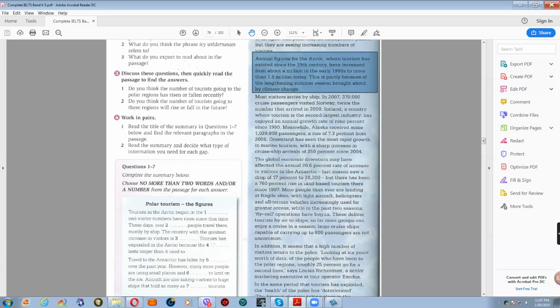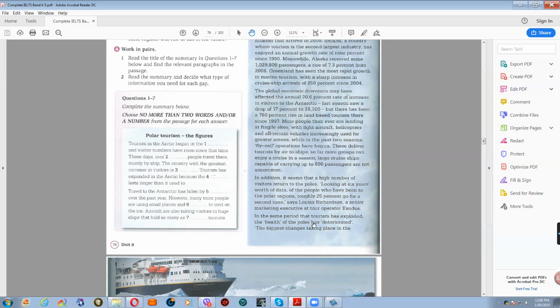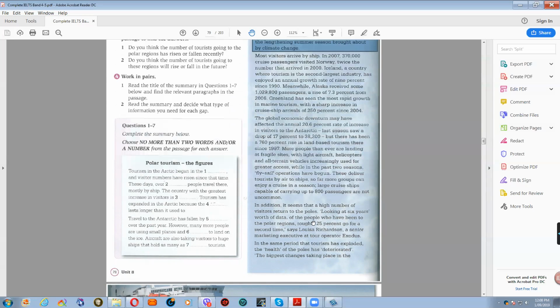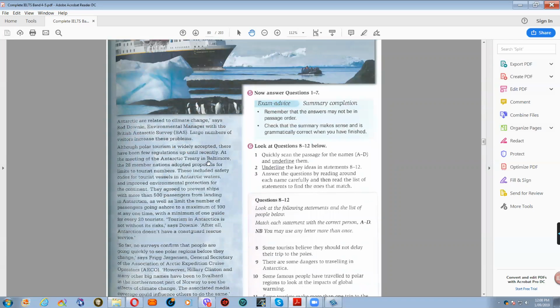Do you think the number of tourists will increase or decrease? Right, read through those two again. I think in the Arctic it may increase, but the Antarctic has put a freeze on it.